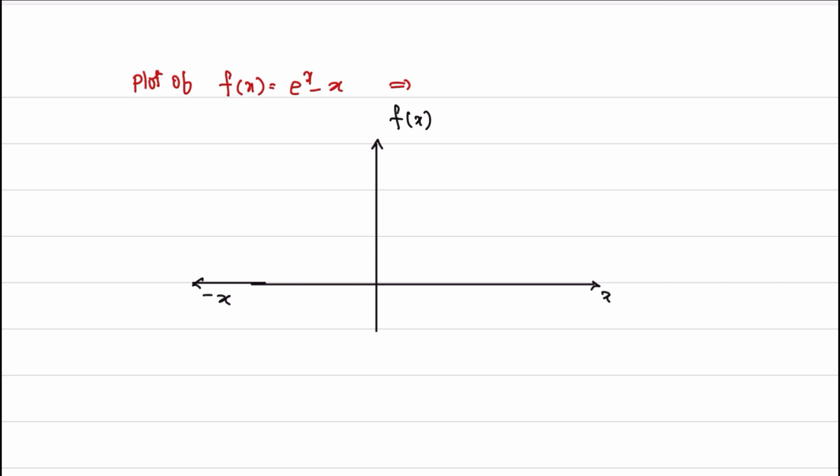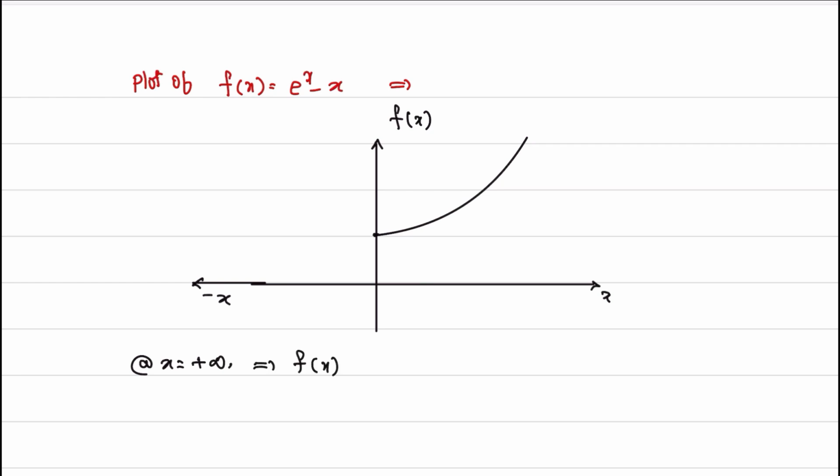Here we have seen for different values that at x equal to 0, y is equal to 1, or function x is equal to 1. For x greater than 0, it goes like this, and for x less than 0.